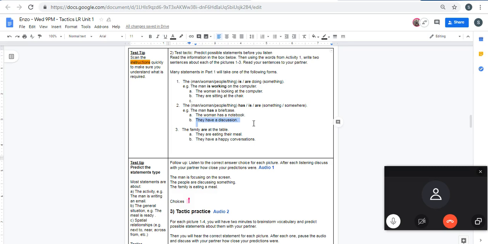That's the reason why we have brainstorming of the nouns and the verbs. If, let's say, the people are having a discussion, it's a bit close, right? We were able to make it very close to the right answer.